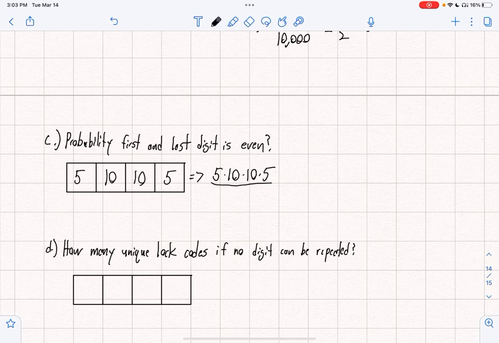And I'll just go ahead and divide this by the total number of lock codes, which is 10,000. And so this will be equal to 2,500 over 10,000, which is 1/4 or 25%.